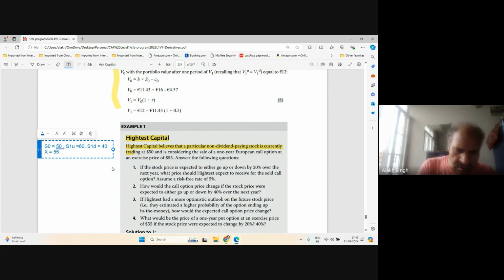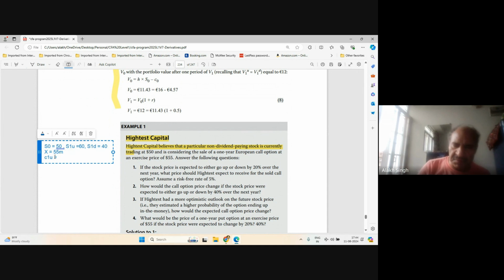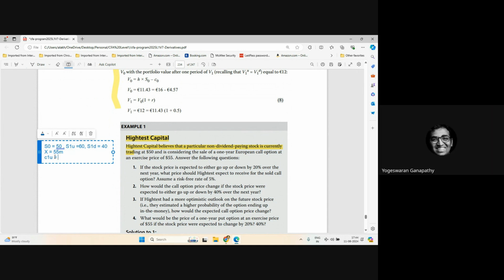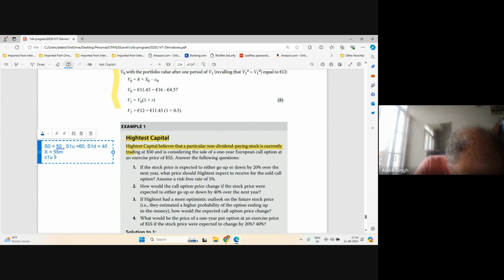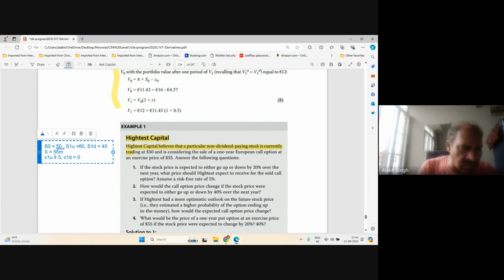So what will be C1U? S1U is 60, so C1U will be 60 minus 55, so it will be 5. And what will be C1D? C1D would be 0. Very good.